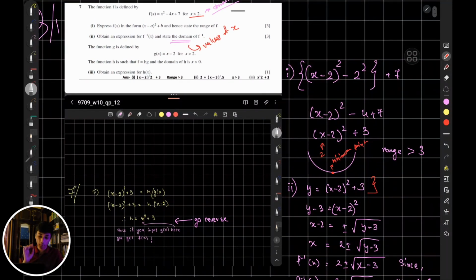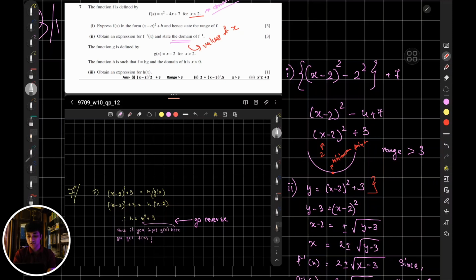Okay, that is your question 2. The function g is defined by g of x equals x minus 2 for x greater than 2. So x greater than 2 is your domain. The function h is such that f equals h of g, and the domain of h is greater than 0. So for h, the domain is x greater than 0, fair enough.